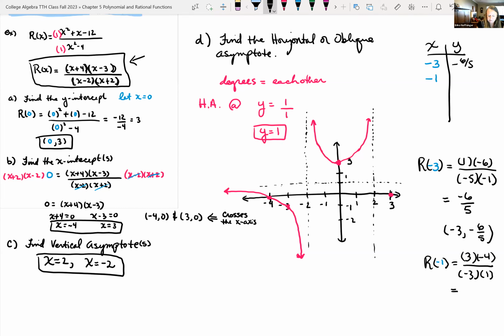So 3 times -4 is -12, all divided by -3 gives me back +4. So when x is -1, y is 4.